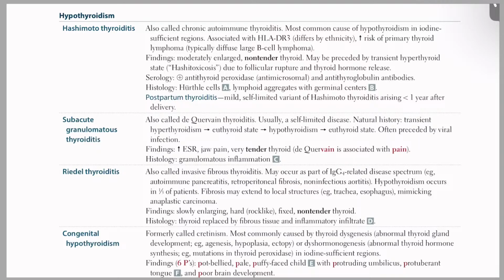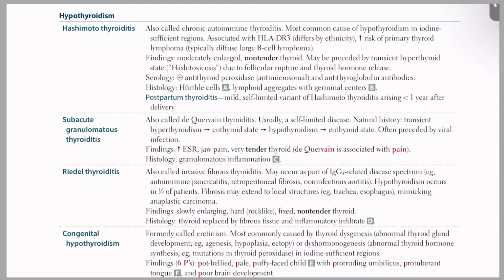Increased risk of primary thyroid lymphoma, typically diffuse large B cell lymphoma. Findings: moderately enlarged non-tender thyroid, may be preceded by a transient hyperthyroid state, Hashitoxicosis, due to follicular rupture and thyroid hormone release.